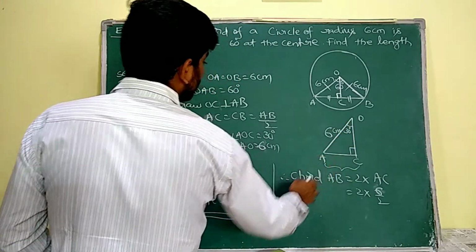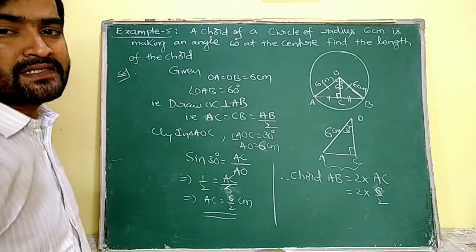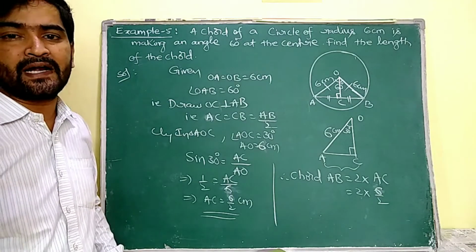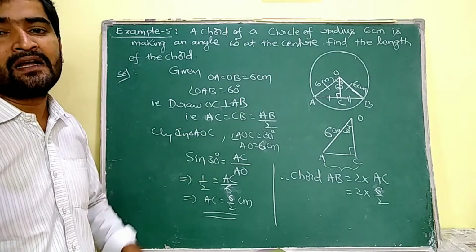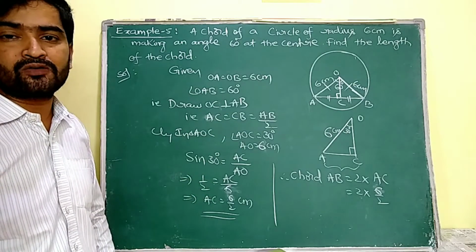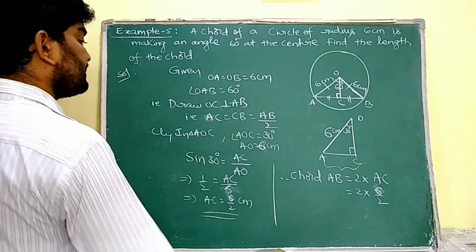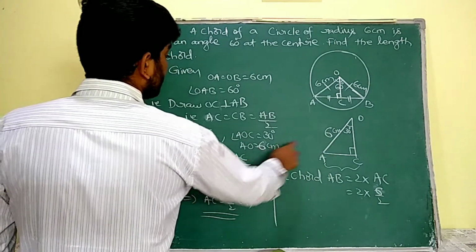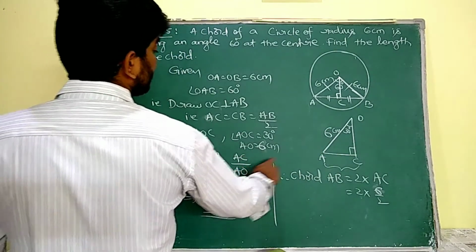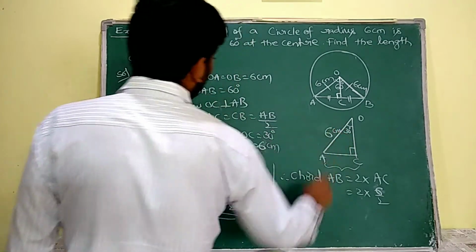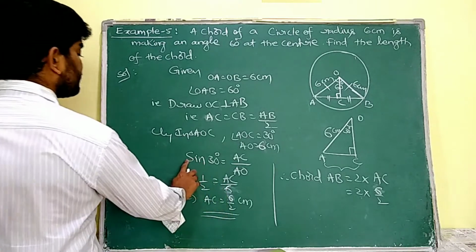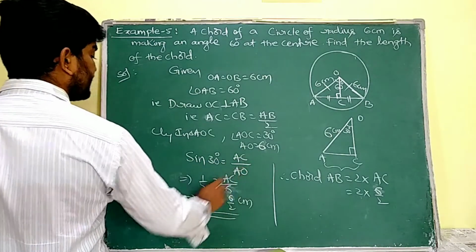To obtain AC, we use the same strategy: required side by known side with respect to the given angle. What will be the trigonometric ratio? The required side is AC, the known side is AO. AC by AO with respect to the given angle 30 is opposite side by hypotenuse. Opposite by hypotenuse means sin 30 is equal to AC by AO.